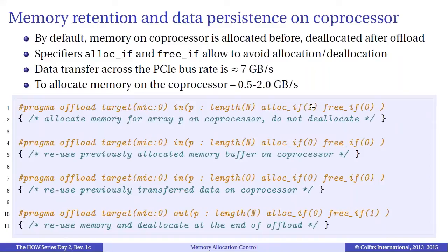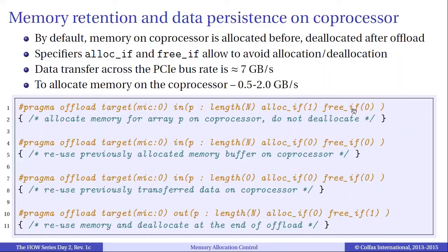So this, in my case, is an integer, but it could be an expression that evaluates to 0 or 1 or true or false. And in this case, I will allocate a memory buffer for my data. free_if controls what's happening at the end of the offload.